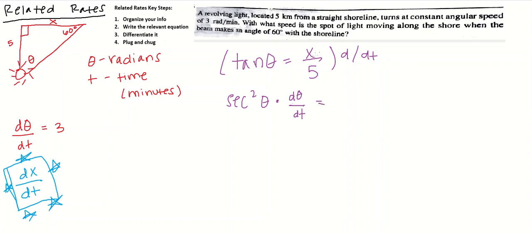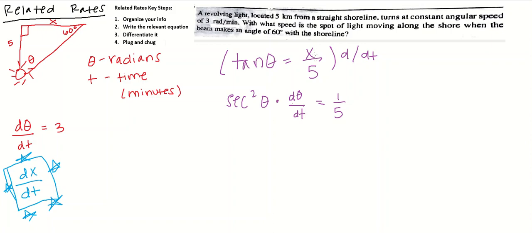Now we can do a similar thing when we take the derivative over here. We have x divided by 5. We could pull out a 1/5 if we wanted to. We have the constant 1/5, and if we have a constant being multiplied by a function like x and we're differentiating, that constant is just along for the ride. So that 1/5 is going to hang out front. And then what's the derivative of x?